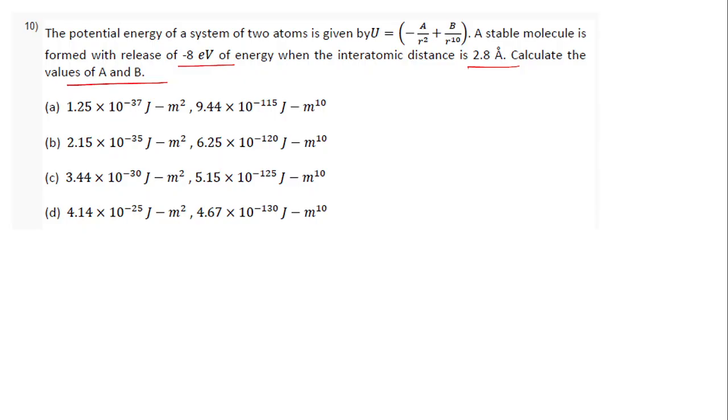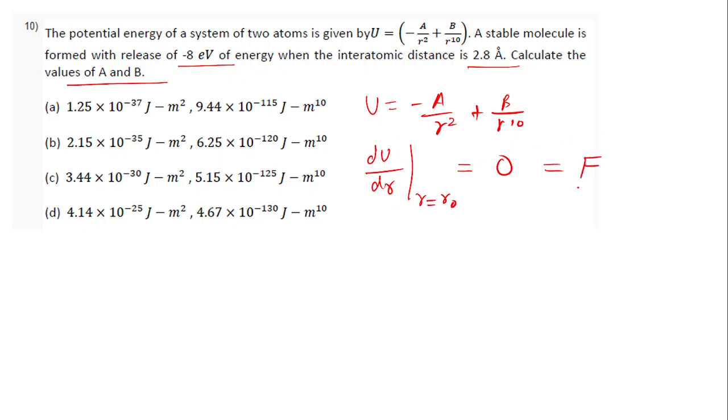Again, for the potential energy expression given for this particular molecule, we'll take the derivative. After taking the derivative, we'll put r equal to r0 and equate to 0. Why do we do this, in case you missed it? When we take the derivative of energy, we get force, and this force is 0 at the equilibrium distance.